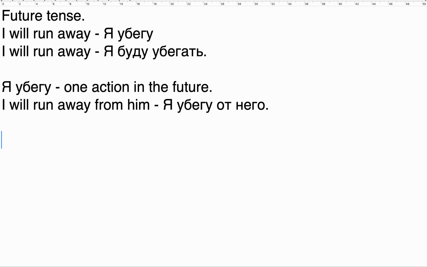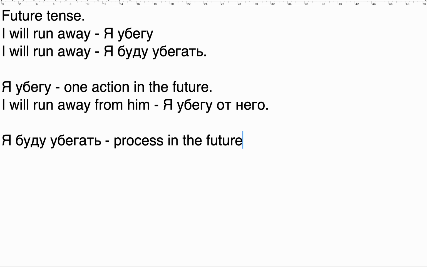But when we use this version, "я буду убегать", we use it when we're talking about a process in the future. For example, I will run away from her.